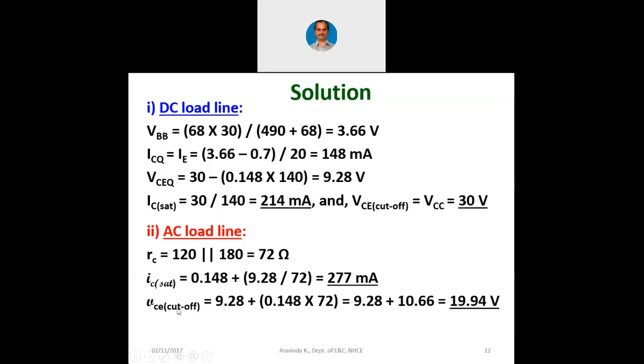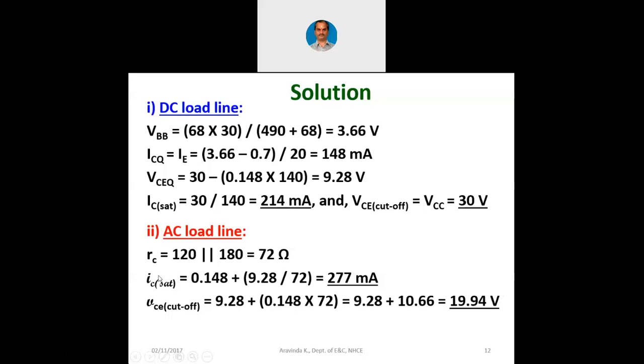And VCE cutoff is 9.28 VCEQ plus 0.148 into 72. That is IC sat into small rc. So VCEQ plus IC sat into small rc. That is 9.28 plus 10.66 is 19.94 volts.